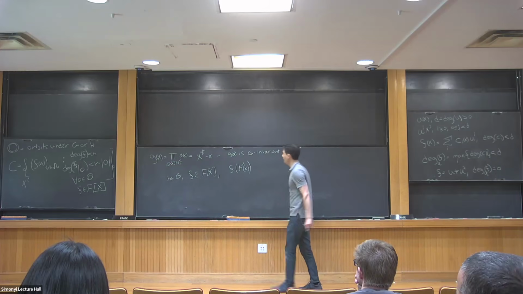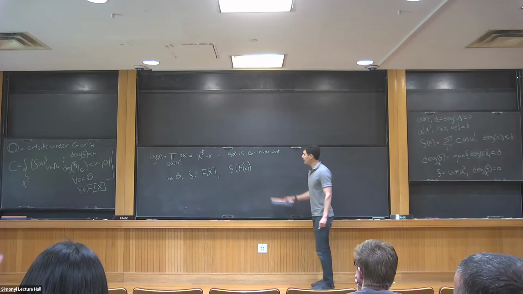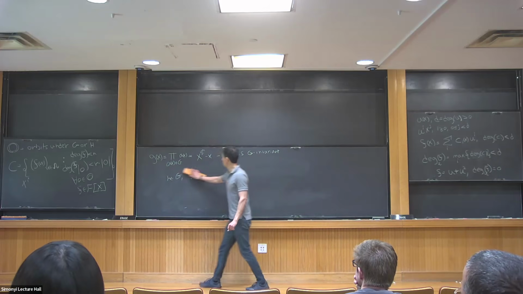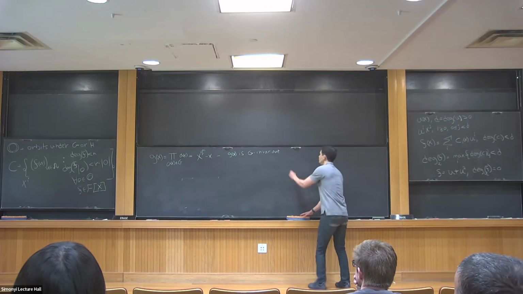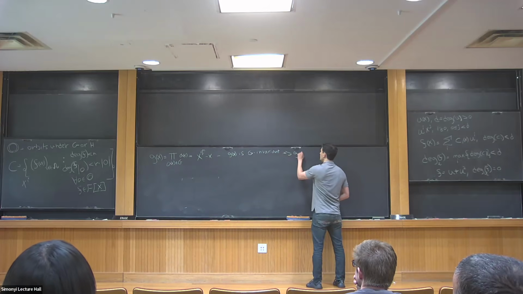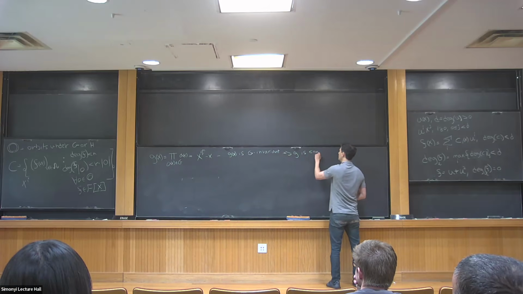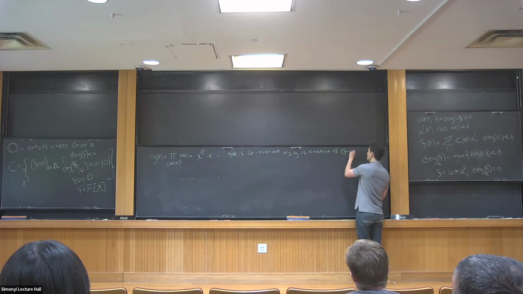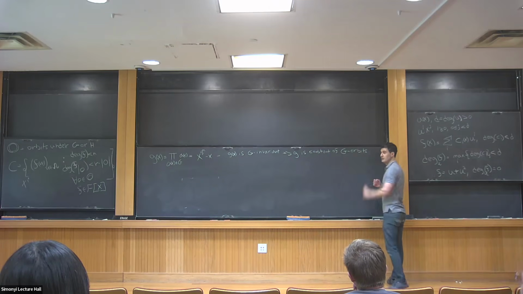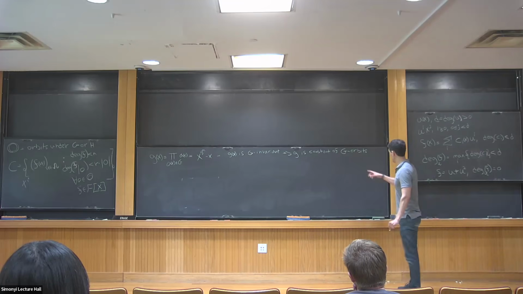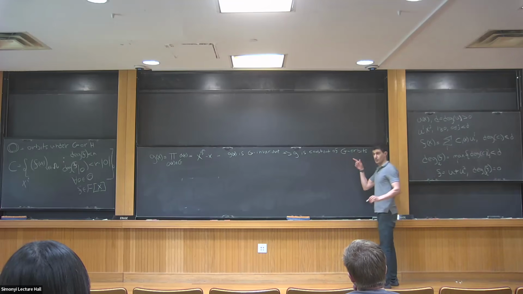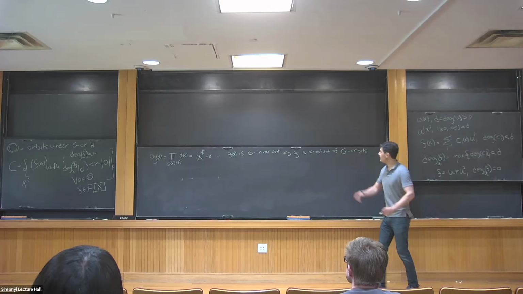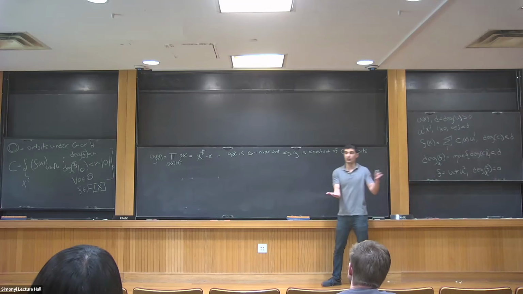But the bottom line is that since little g is G invariant, it automatically tells us that little g is constant on G orbits. It is constant on the orbits of G, where G is acting on the set capital omega. So g is a polynomial that is constant on the orbits.